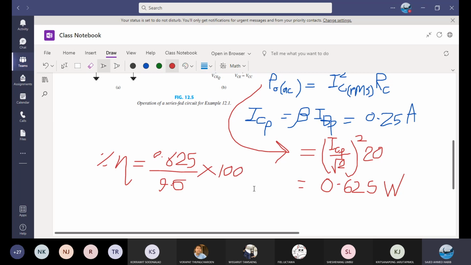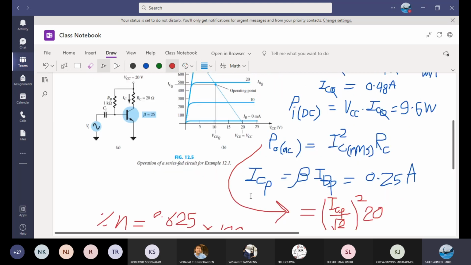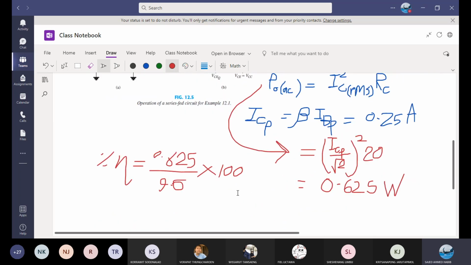What is the answer? The efficiency is 6.5%. Yes, it's 6.5.